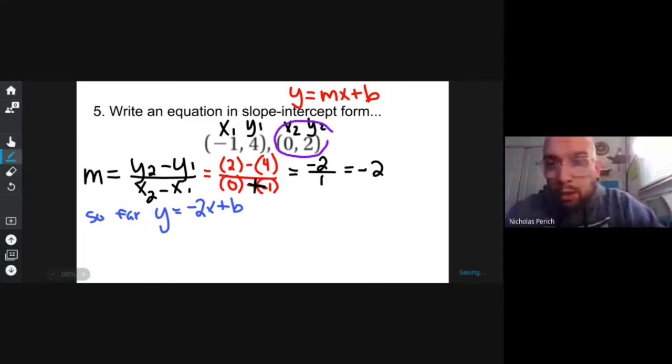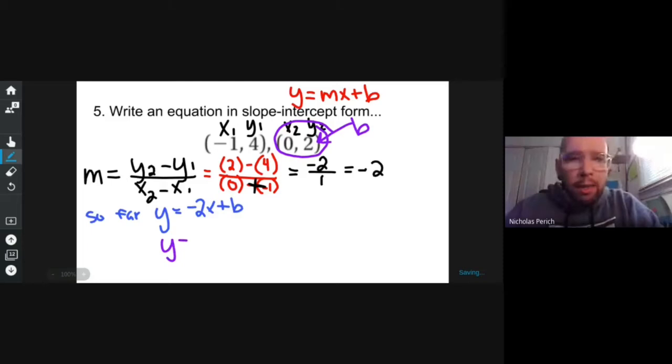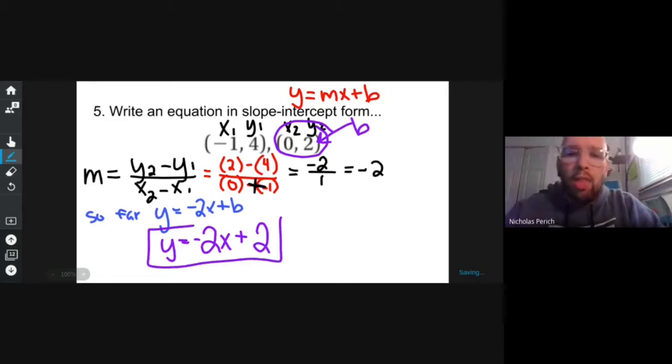Oh my gosh! Look! The y-intercept's right there. Now, is that always going to happen? No. But in this case, it does. And that's my b. So if I put it all together, y equals negative 2x plus positive 2. And that problem is done.